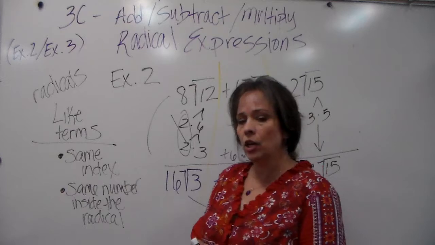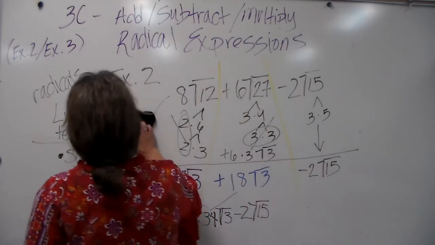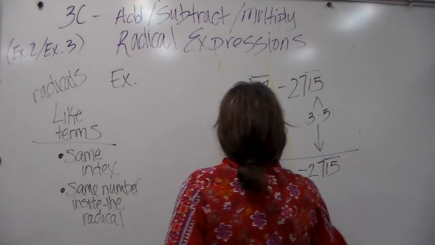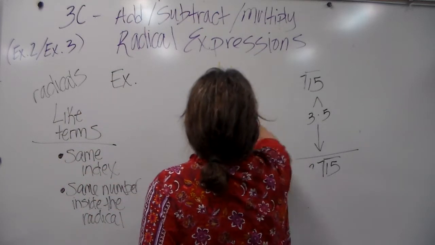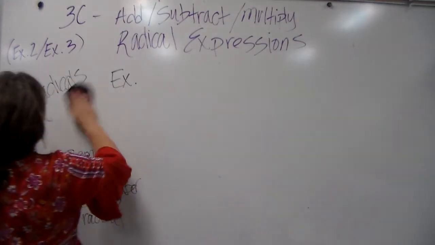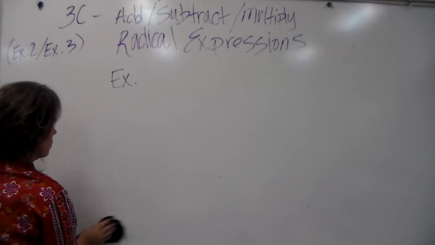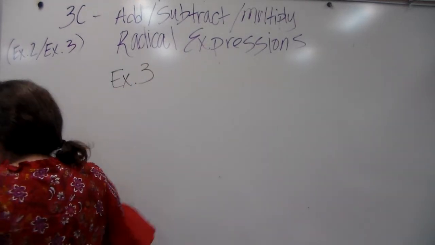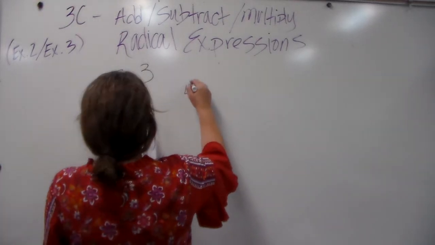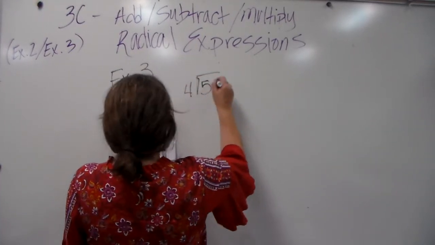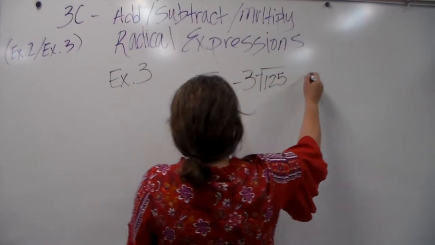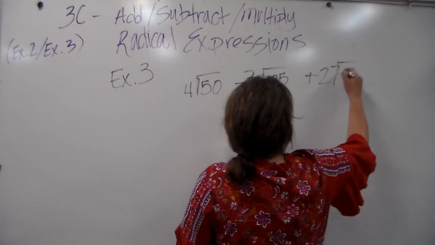All right, let's go ahead and look at example number 3. For example number 3, on 3C, we have 4 square roots of 50 minus 3 square roots of 125 plus 2 square roots of 20.